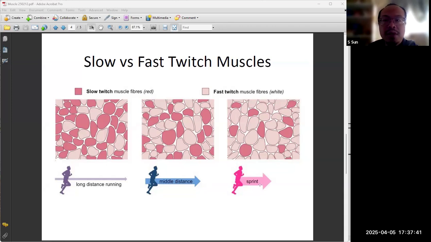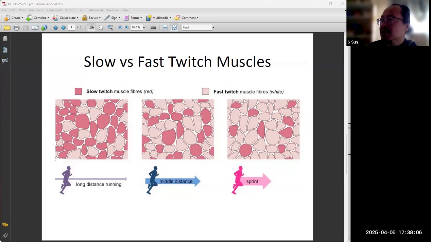The body will tend to build more of this fast twitching muscle, and then they can utilize their own stored energy, such as creatine phosphate and stored glycogen. We didn't talk too much about glycogen here, but glycogen is the energy storage in the muscle.